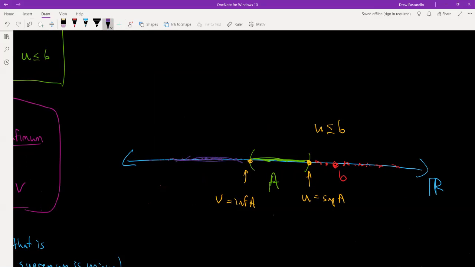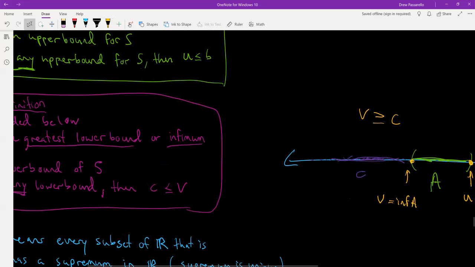These are like my values C, and V is the infimum if V is greater than or equal to any lower bound of A. And I have it in the definition as C less than or equal to B, where C is any lower bound of A.